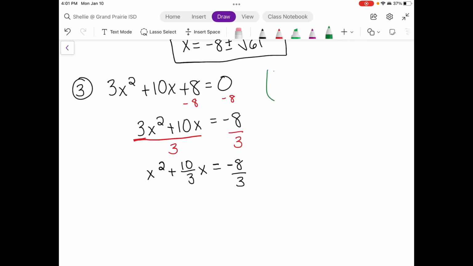So remember that the magic number is b over 2 squared. So my b value is 10 over 3, then over 2, and all of that is squared. 10 over 3 over 2 is going to be the same thing as, I believe that's 10 over 6.